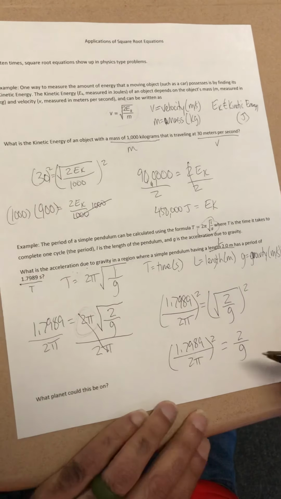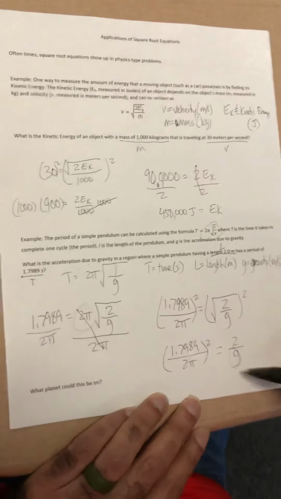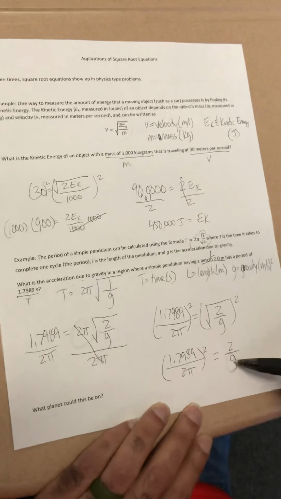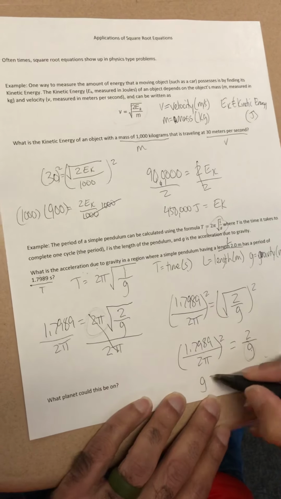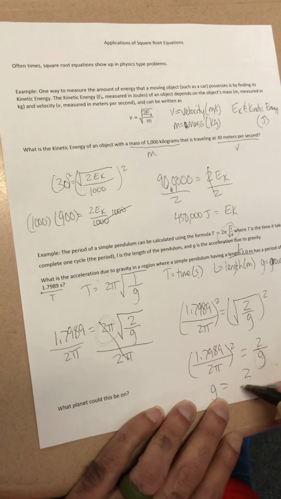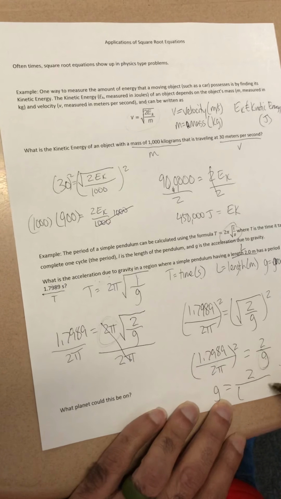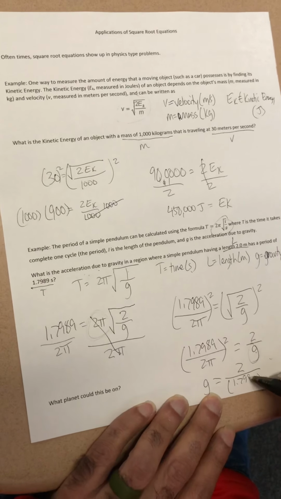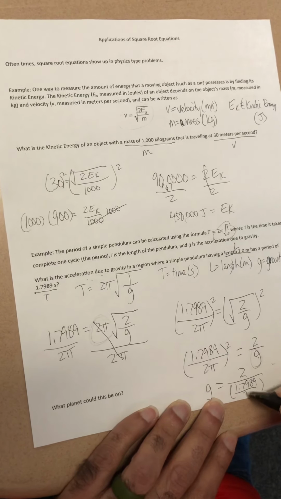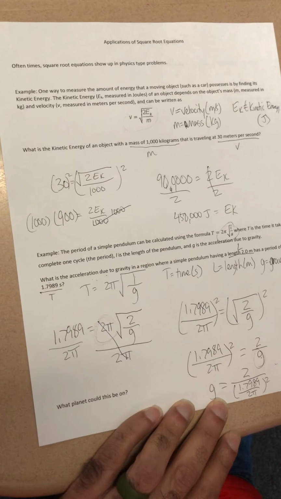And the simplest thing to do whenever you have a variable in the denominator is to switch these two things. So g is going to come to this side, and it's going to be 2 over 1.79 over 2 pi, squared.